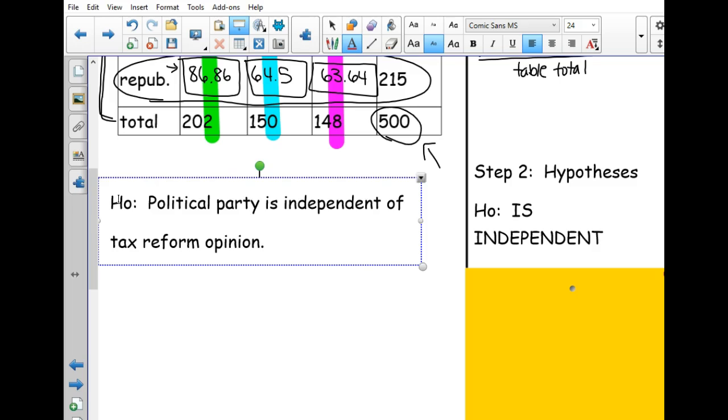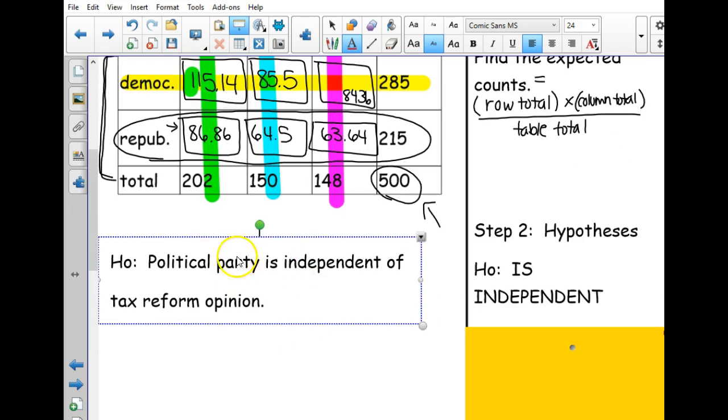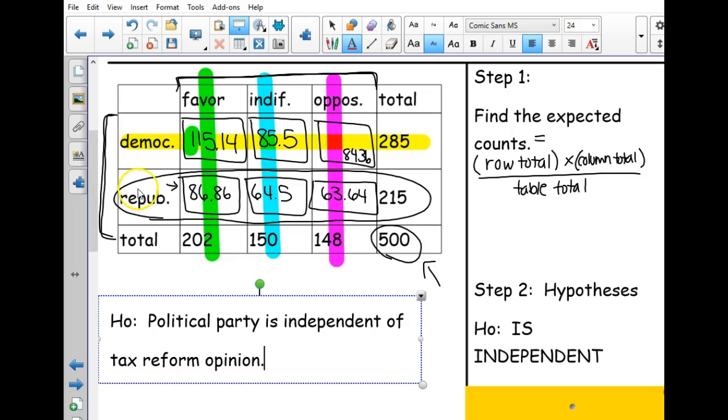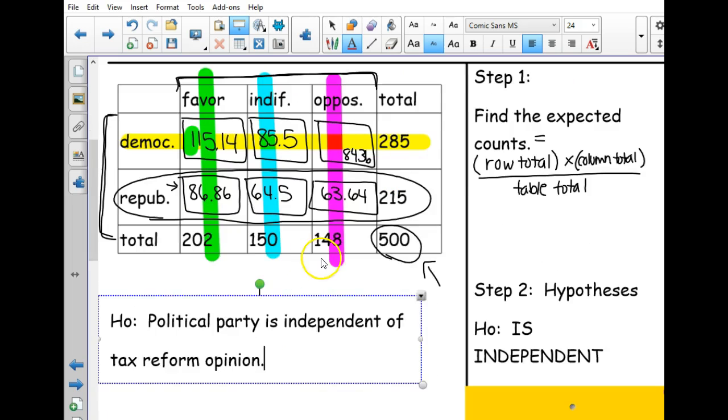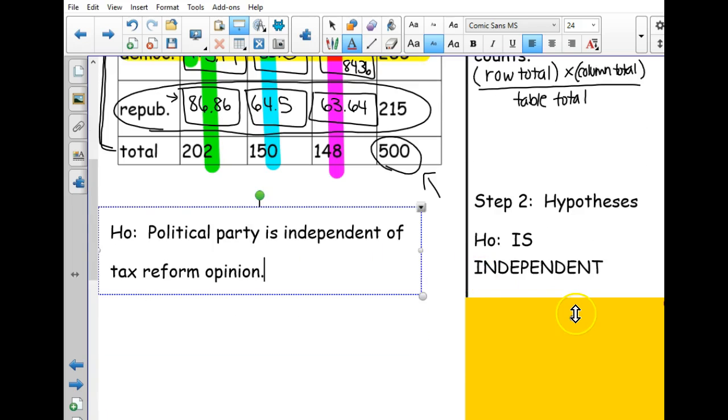If this is true, we see what the expected counts should be. We found that, and we know that there's a difference. So already we have evidence for HA, because the expected value up here for if they're independent is different than what we actually observed. So we have evidence right now that they are maybe not independent. And that's our HA.